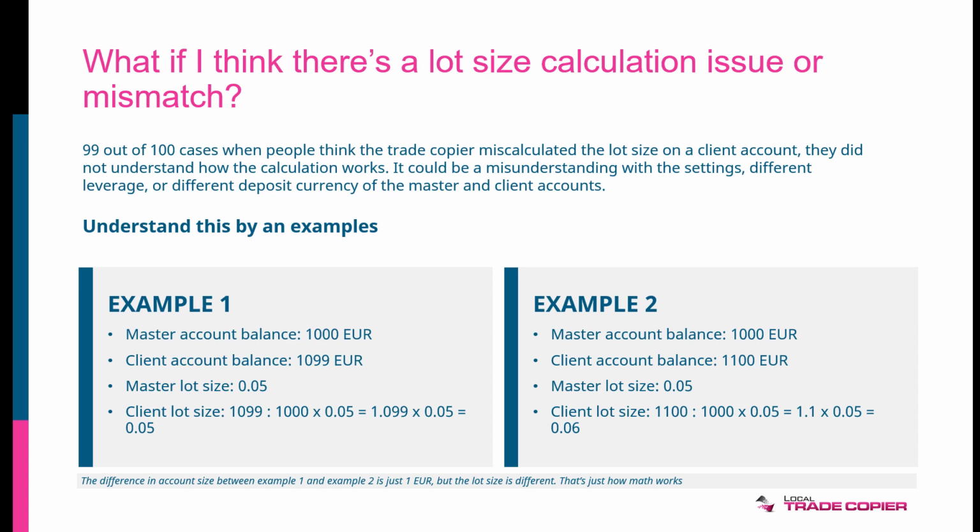In example 2, we divide 1,100 by 1,000 euros, we get the ratio of 1.1 and multiply it by 5 microlots, which gets us 6 microlots. So the difference in account size between example 1 and example 2 is small, but the lot size is different. That's just how math works.